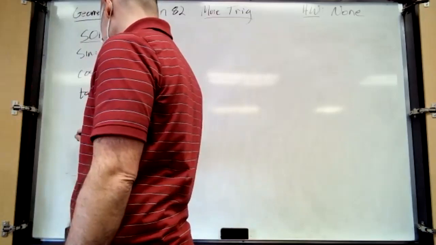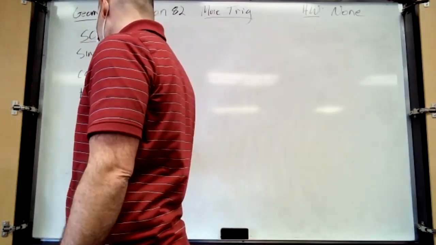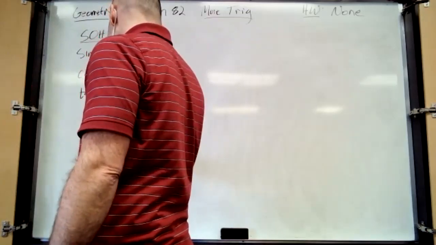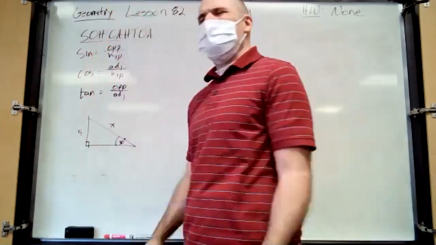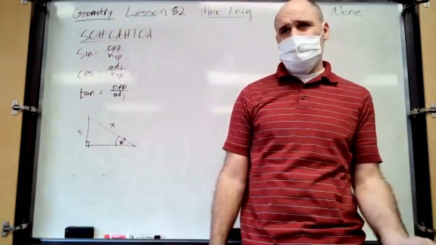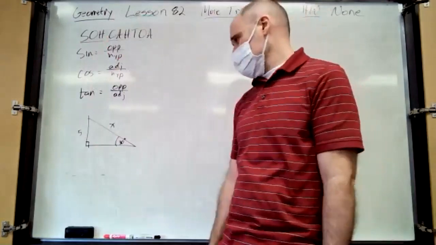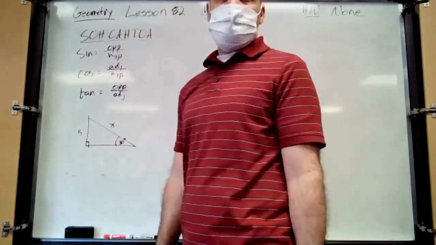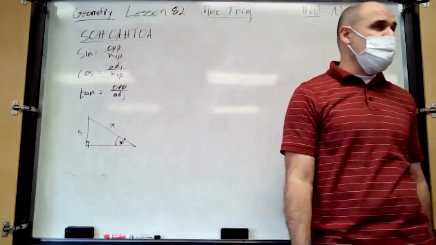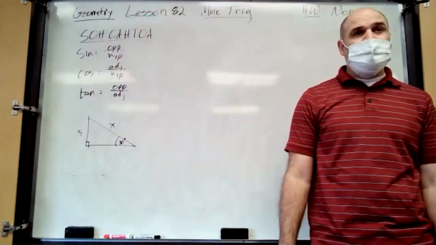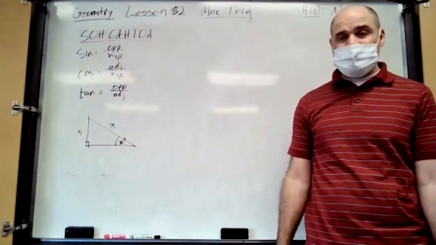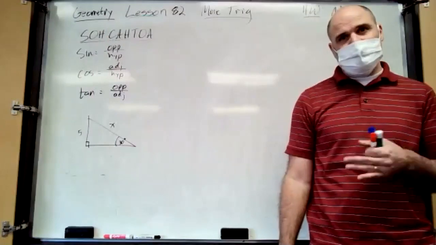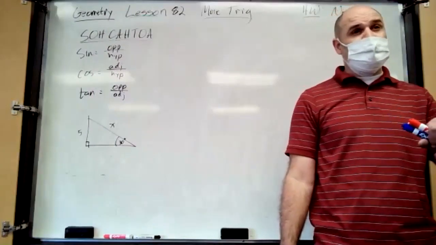Let's say this is 5, and we want to know x, and this is 30 degrees. So how would you find x? You guys remember? We can use a trig function to find x. Right now we can't really find x, but we can because we know that this is a special triangle, but let's ignore that for now.